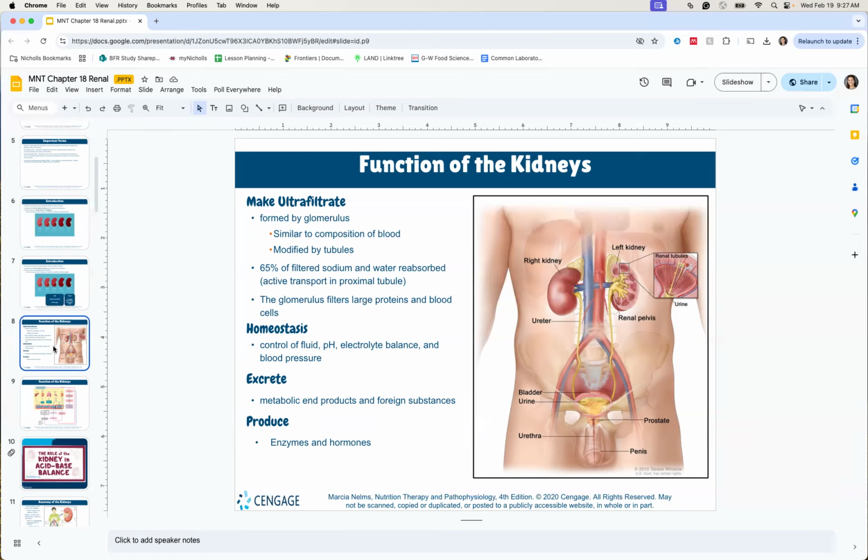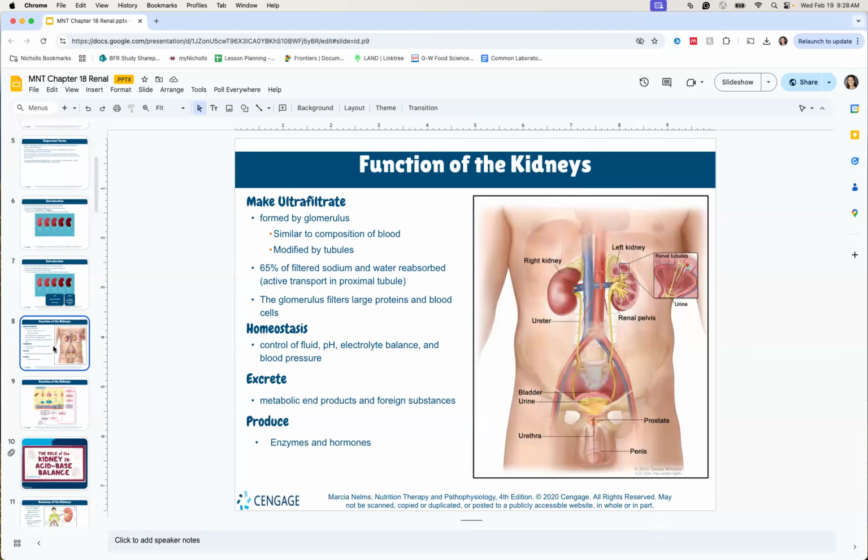Foreign substances example is drugs or medications. So at normal health, our kidneys should be able to help us get rid of those toxic byproducts. In dysfunctional kidneys, that's not possible. And so these can reach harmful levels in the blood and cause systemic problems for patients.